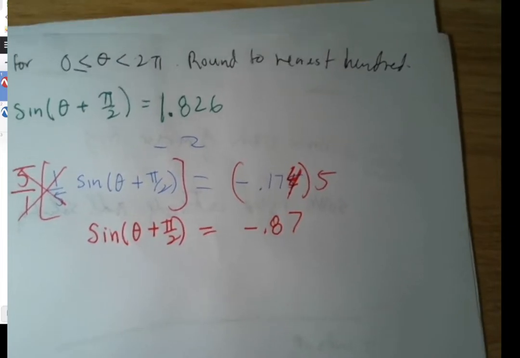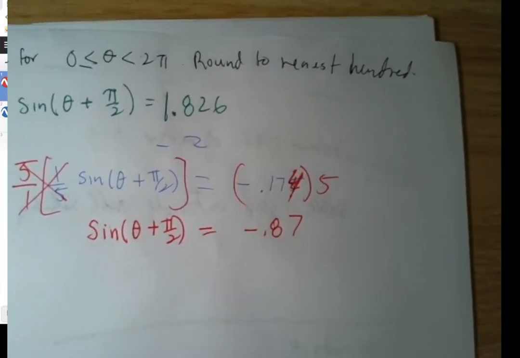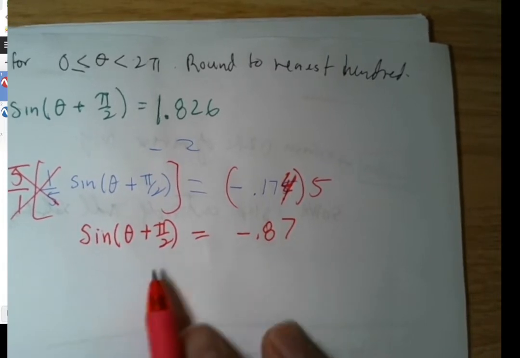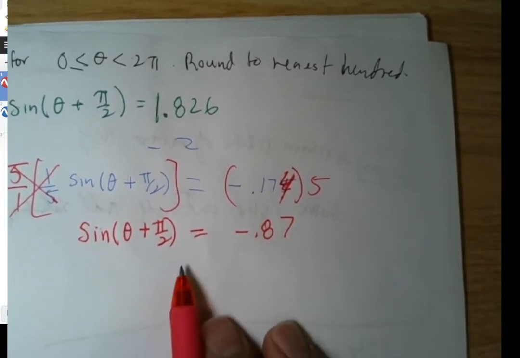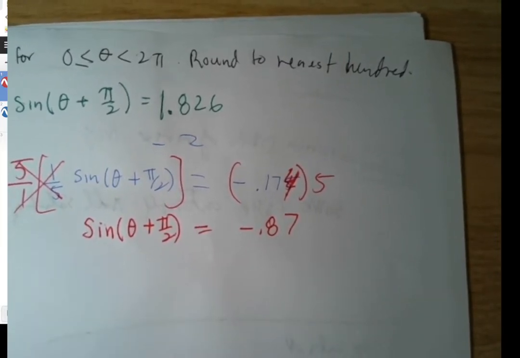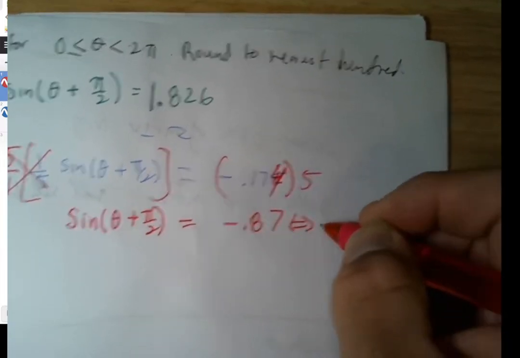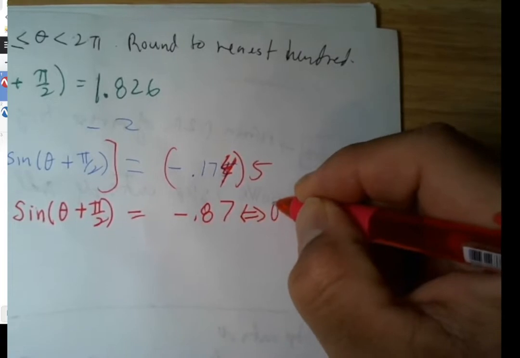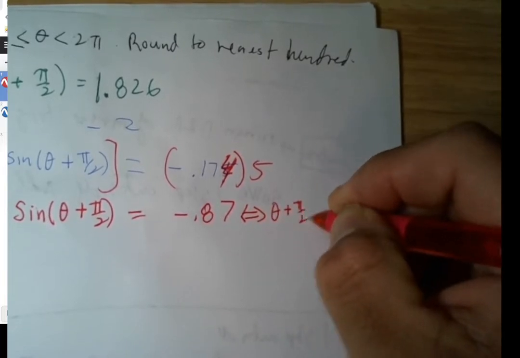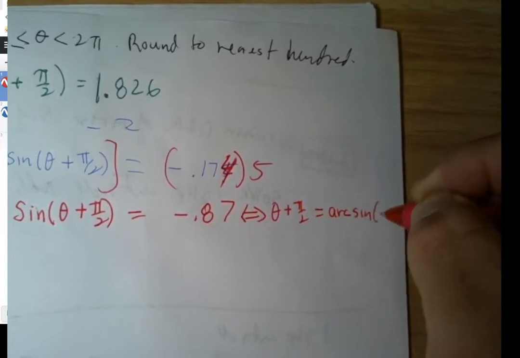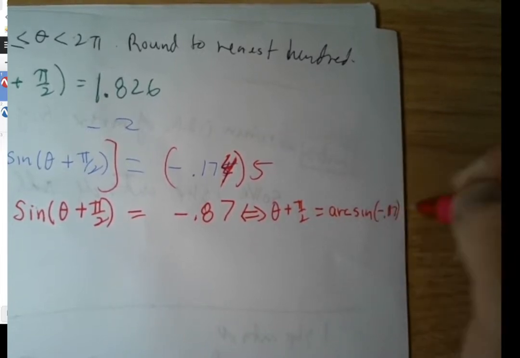And now again, this is within the domain of the arc sine, or the range of the sine. In other words, those are equivalent statements. So this is true if and only if theta plus pi over 2 is equal to arc sine of negative 0.87.